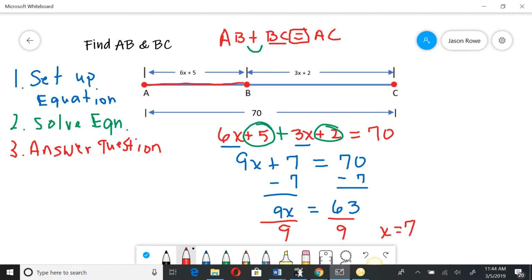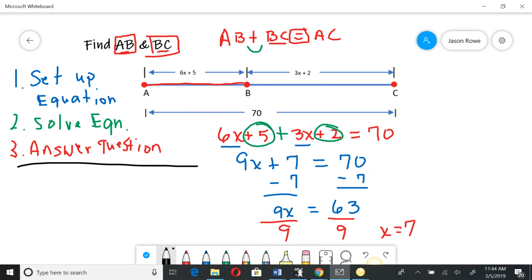Now, x equals 7, that's just step 2 of the process. So don't stop there. Now you've got to answer the question. The question is find AB and BC. Remember that AB, without anything around it, means the distance from A to B, and BC means the distance from B to C. So we're going to use x equals 7 to help us do that.